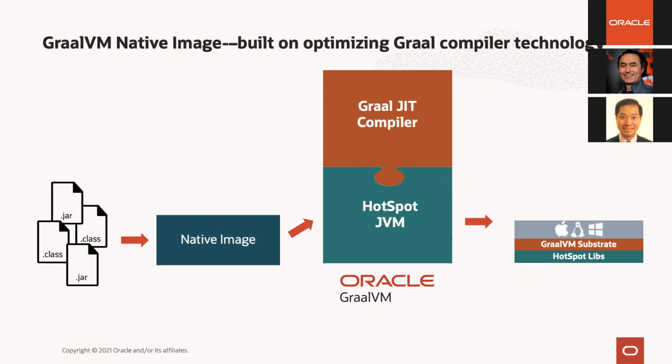What's really interesting about this approach is that we don't just compile all the code that you've loaded up into the VM. If you load a jar in HotSpot, you load the whole jar. In our case, we will walk through and only compile and add to your executable the classes, methods, and even the fields that you need.